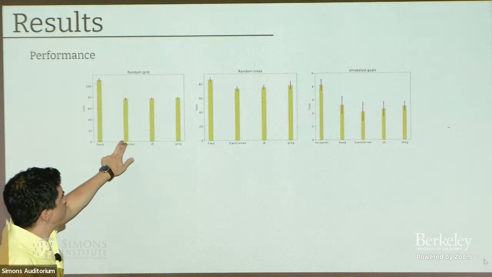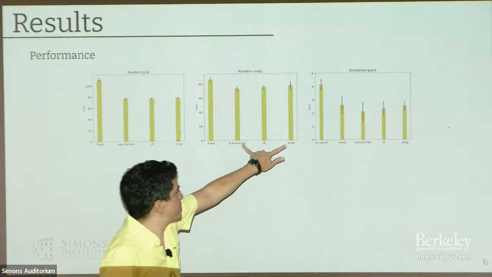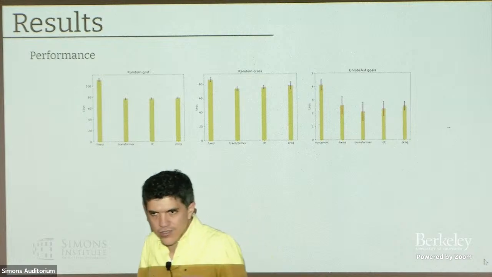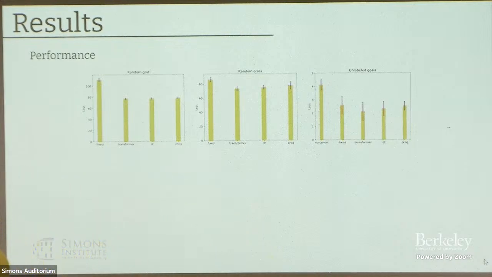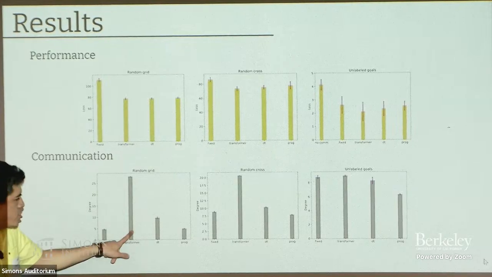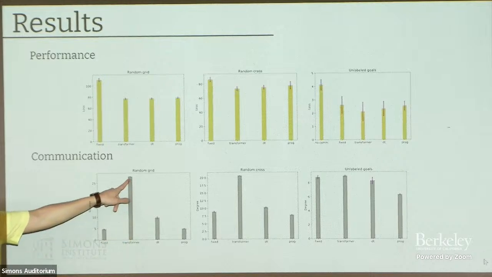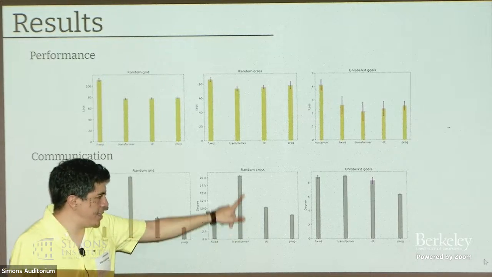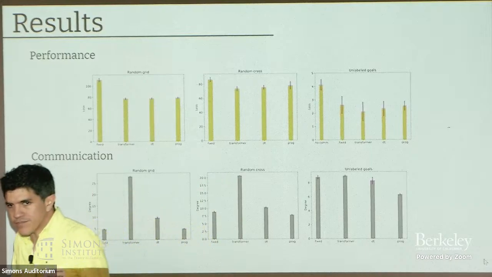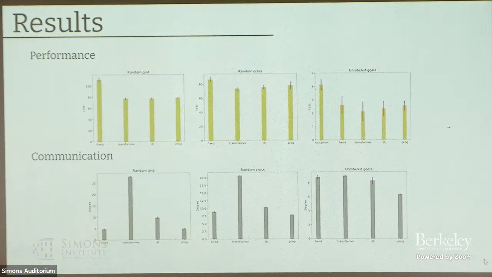What you find is that the performance of these tends to be quite similar to the transformer, not a significant loss of performance. But in terms of communication, you can see that the transformer is communicating significantly more than the more symbolic program.